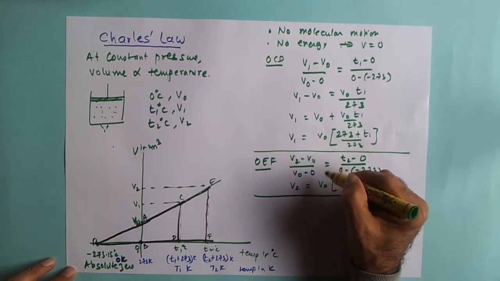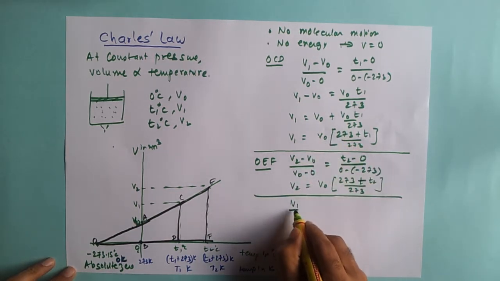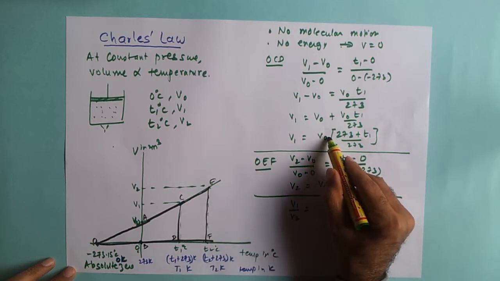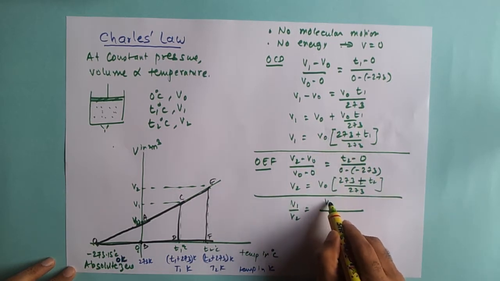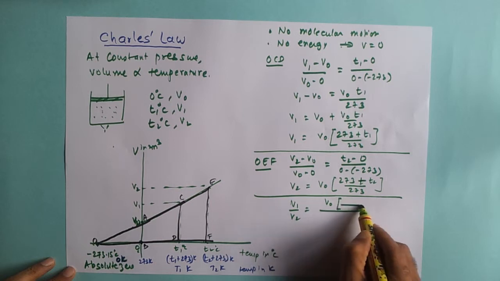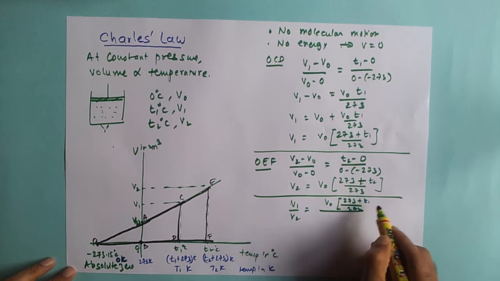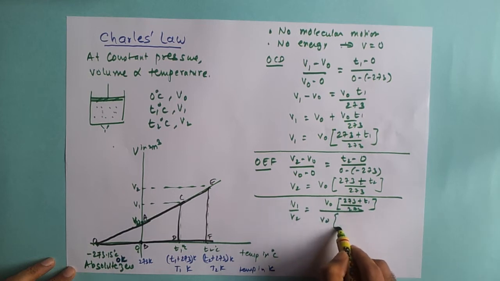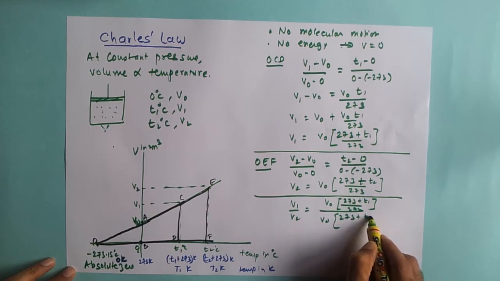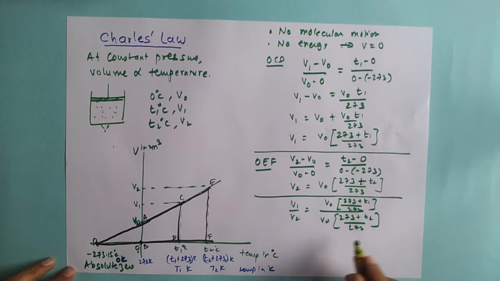Now, if I take the ratio of these two, say for example, I take V1 upon V2, then I'll get V0 into 273 plus T1 upon 273 divided by V0 into 273 plus T2 upon 273.